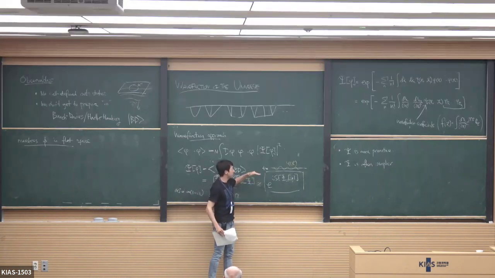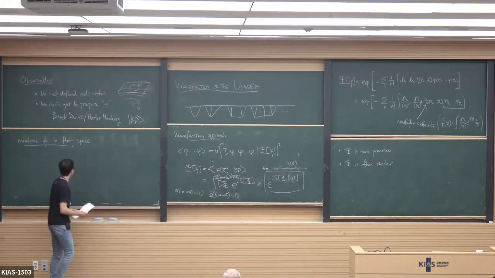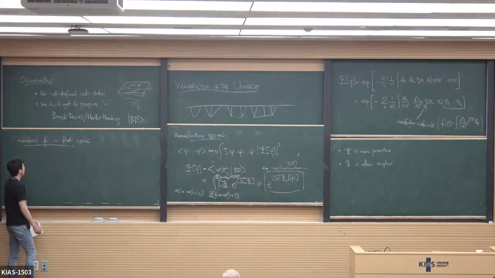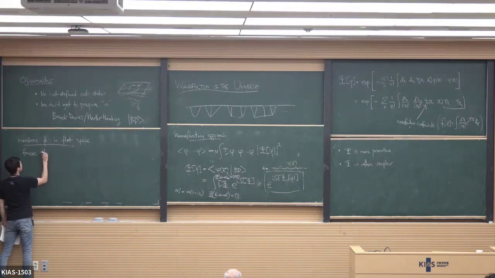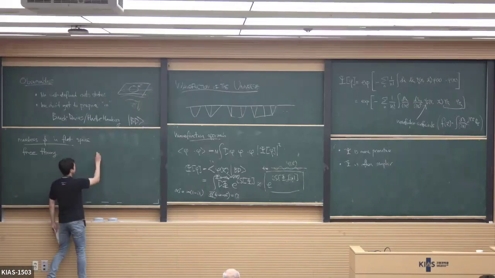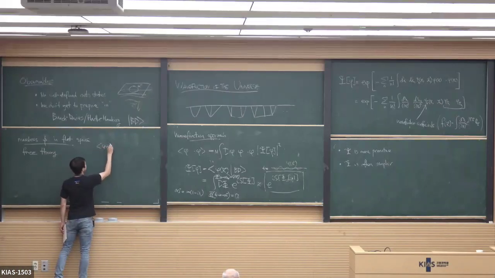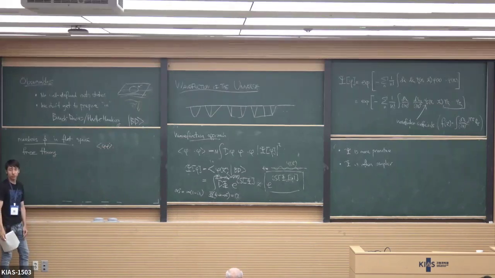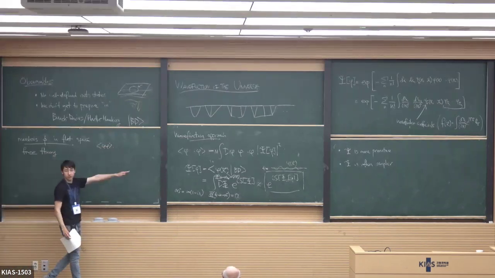Even in Minkowski, you can try to compute some equal time correlation function at some particular time, and then compute the corresponding wave function. That's what we'll try to do. And to make our life even simpler, we're just going to consider free theory to begin with. So the goal would be to compute this object, the two-point function, using this technique.